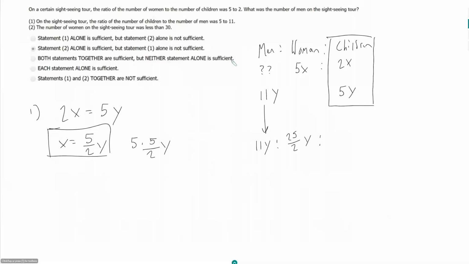And then children I have in terms of both, so I can choose, and I want everything in terms of y. And so I'm still left with the same problem, though, without knowing what y is. I can't solve for any of my people, but I'm a little bit closer than I was before, because instead of having two multipliers or two variables, I now only have one, but it's still insufficient.